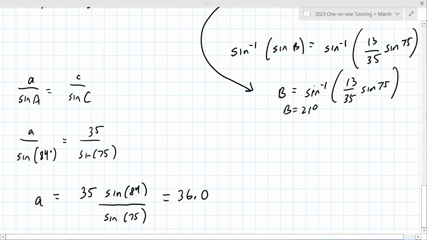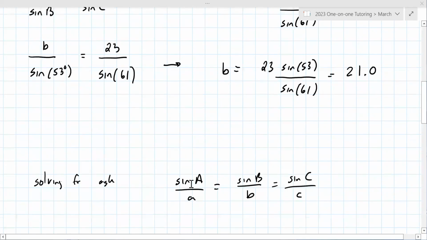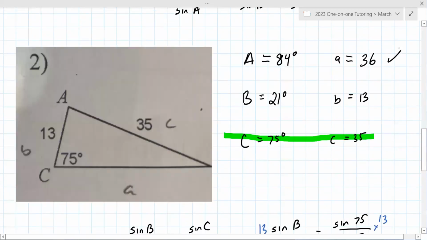Yeah, it's kind of amazing how these all work out to the nearest whole number. Any questions on that? No, it's pretty easy. Yeah, not too bad.